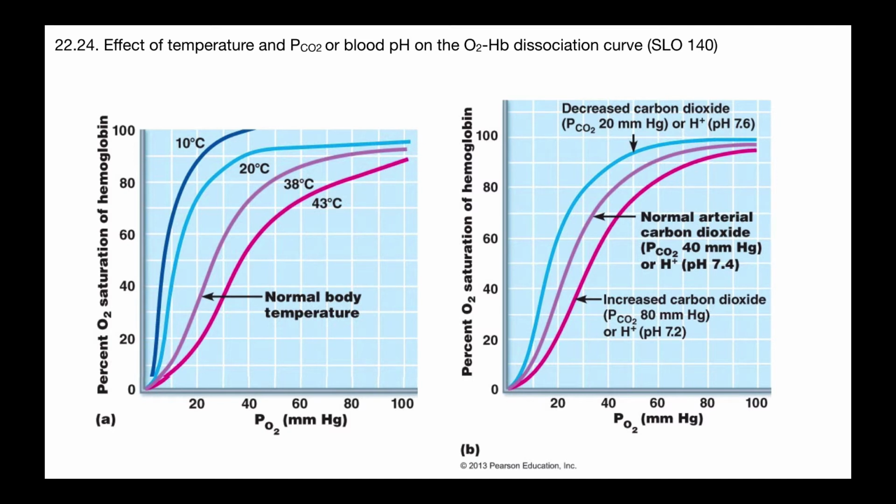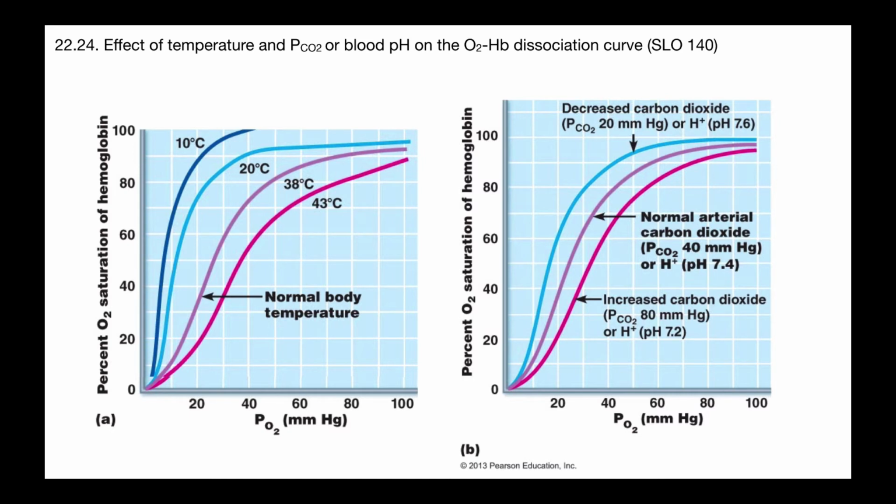So, for example, if we were looking at 40 millimeters of mercury of PO2 at 38 degrees C, if we follow that up to the purple line, the 38C line, that puts you at about 70% saturation.